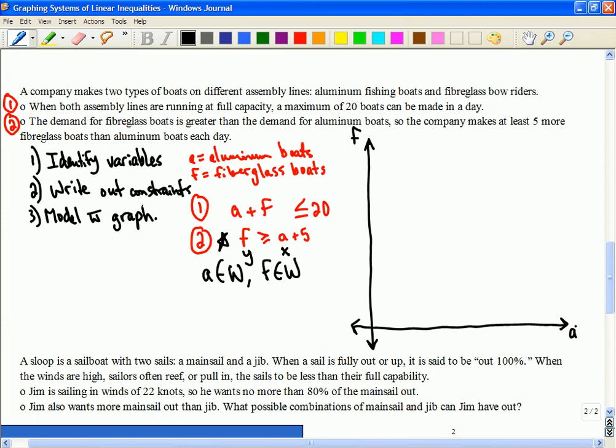Okay, so I'm going to do my scale in fives. So if I do my scale in fives, F I need to get up as high as 20. So it'll look like this.